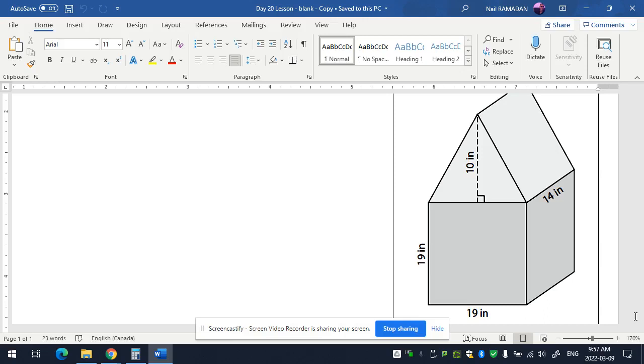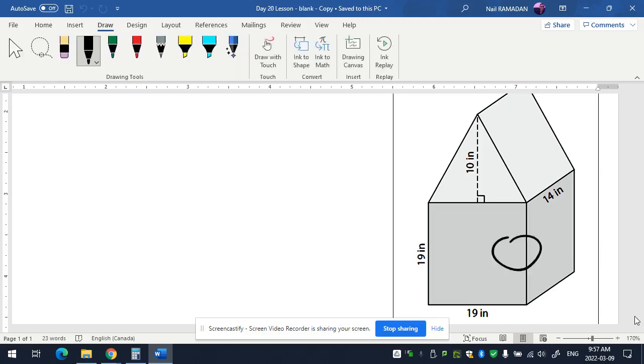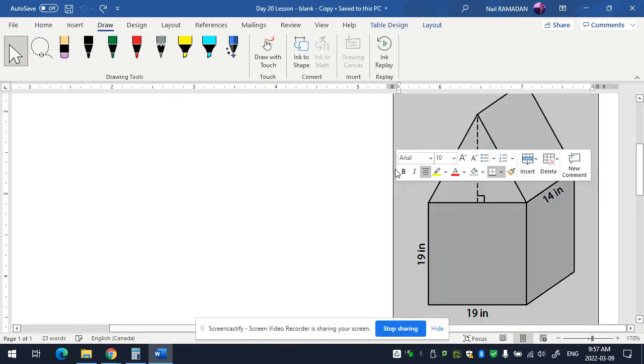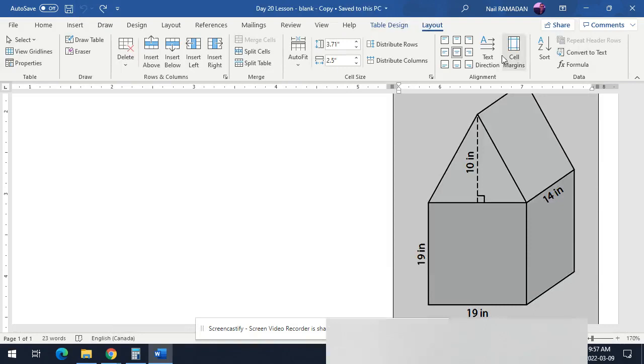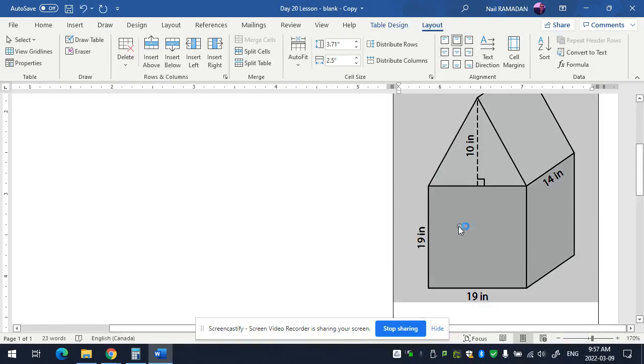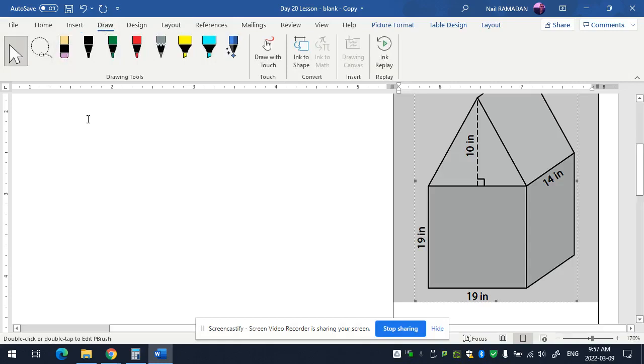Okay, everyone, let's put numbers everywhere. Wherever there's an edge, let's put a number on it. Okay, how long is this one? Let me just change the layout again. There we go. So everyone, this one is 19, as many of you said.